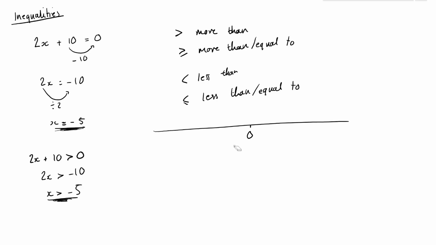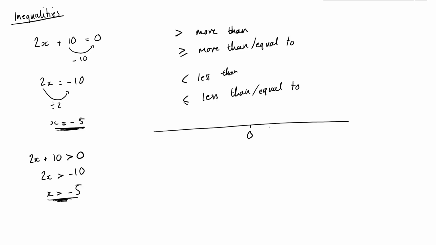While we've got this number line, one way that we can represent inequalities is by looking at number lines. Let's take an example of x is greater than minus 5. Sometimes they might ask you to show the inequality x is greater than minus 5 on a number line.